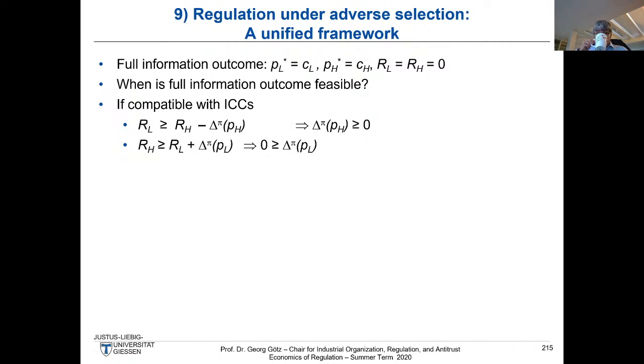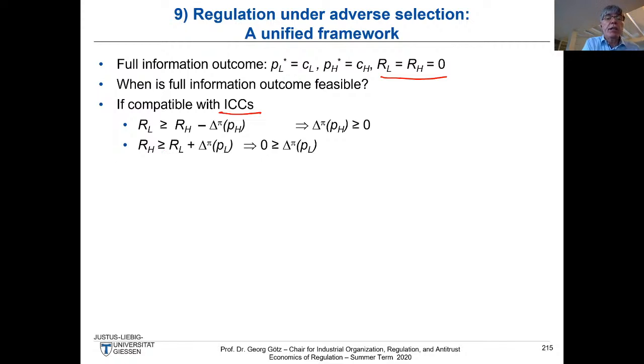Then the question is, under what circumstance is the full information outcome feasible? And of course, it's feasible if we already satisfy the participation constraint, and if the incentive compatibility constraints hold. These two incentive compatibility constraints are just as written here: RL is greater or equal to RH minus delta pi pH, and RH is greater or equal to RL plus delta pi PL.